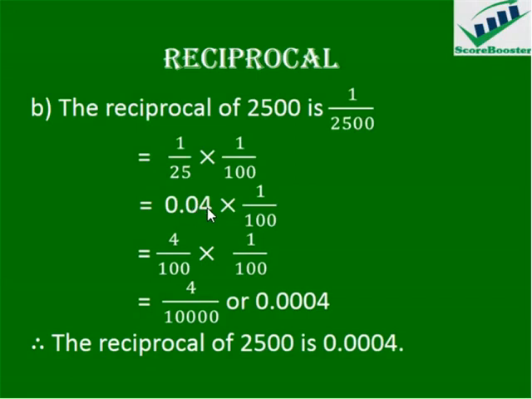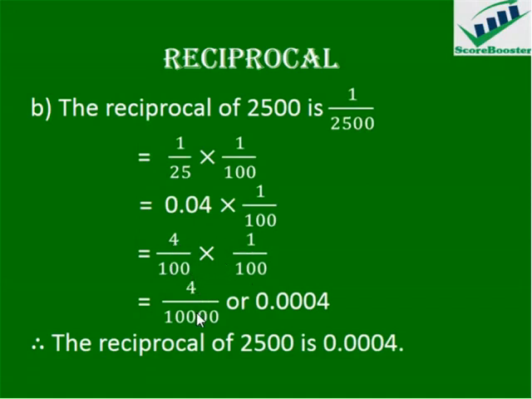We have two numbers. That's why we have multiplied by 10 raised to the power minus 2. And 4 multiplied by 10 raised to the power minus 2 is the same thing as saying 4 multiplied by 1 over 10 raised to the power 2, and 1 over 10 raised to the power 2 is the same thing as saying 1 over 100. So 4 multiplied by 1 over 100 is what? 4 over 100 multiplied by this 1 over 100 here. So 4 multiplied by 1 will give 4.